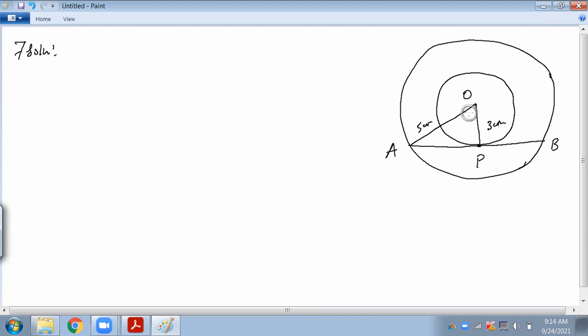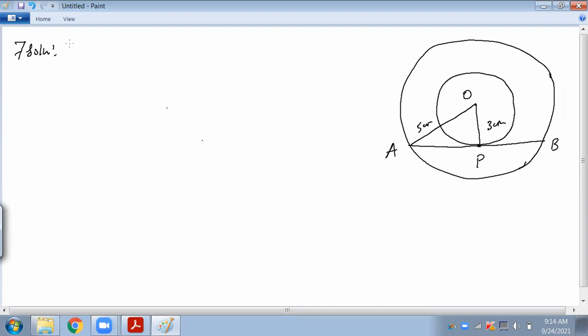So for the larger one, the radius is OA, which is 5, and the radius of the smaller circle is OP, which is 3. You have to find the length of the chord, that is AP.